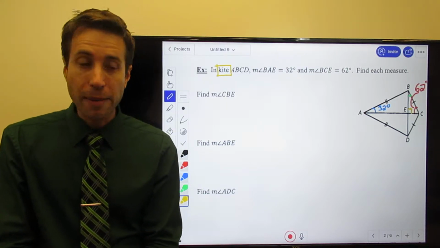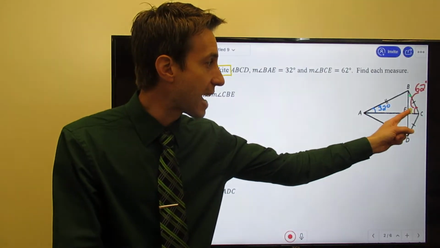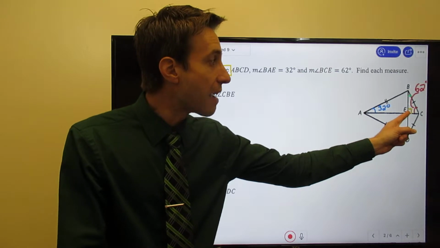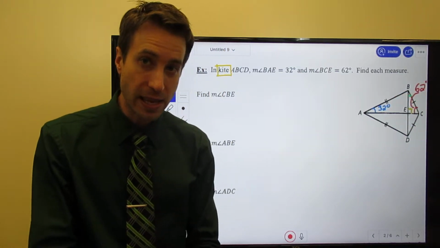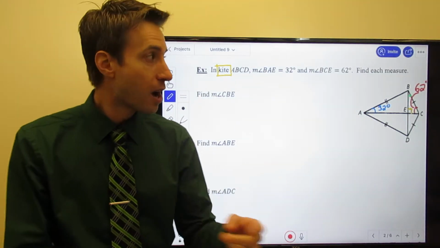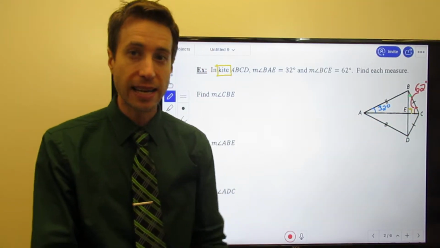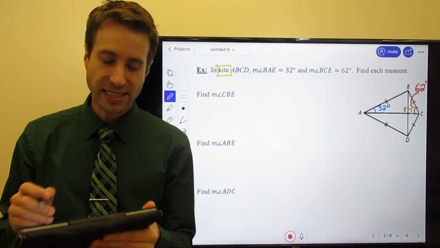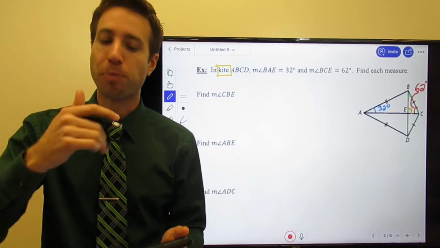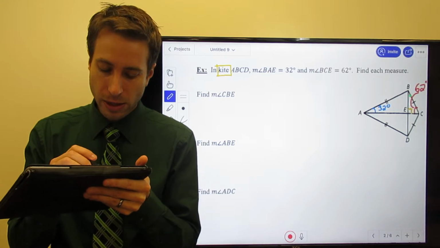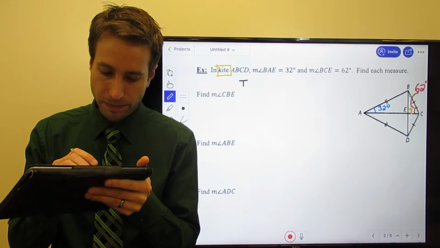So now what I'm going to use is I know that that angle is 90. I've been told that C here is 62 degrees. I know 2 of the 3 angles inside that triangle. You guessed it. Going back to previous chapter, we're going to pull out that triangle sum theorem.